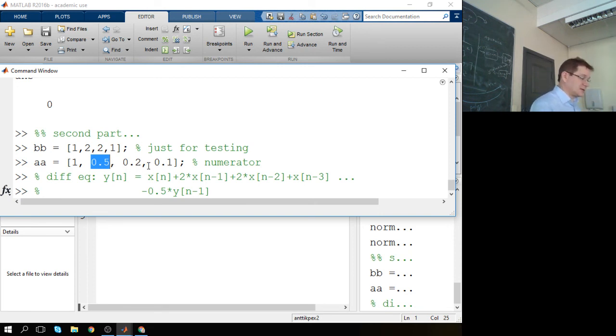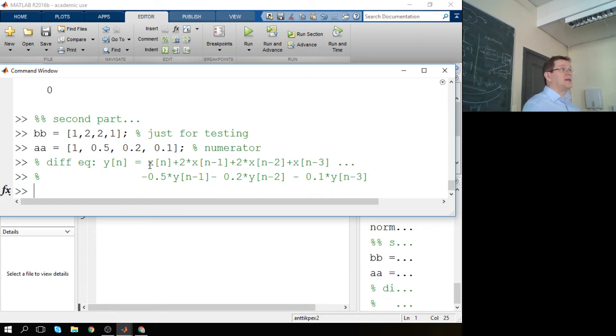Well, you just change the sign: times y of n minus 2, minus 0.1 times y of n minus 3. Okay, looks like it's a third degree system. So the highest delay tells you the order of the system. So this is third order, meaning that there's a third order polynomial on the transfer function.